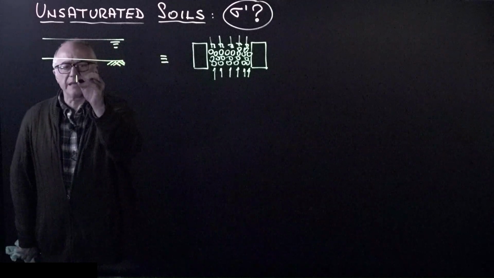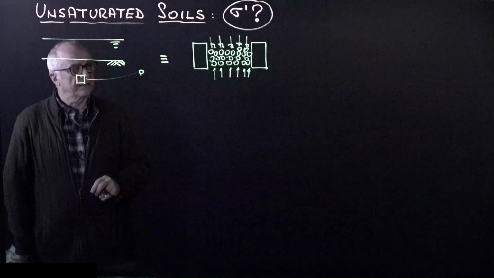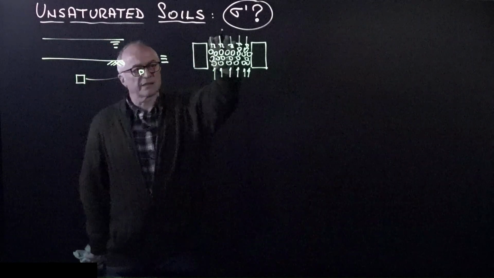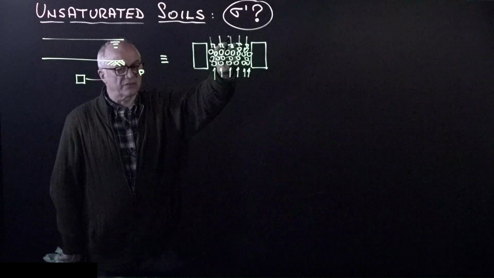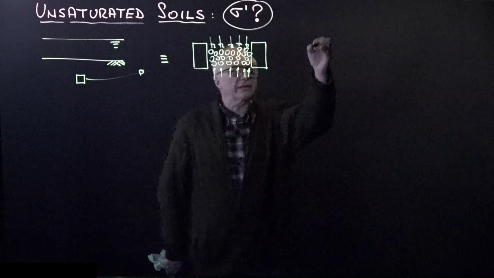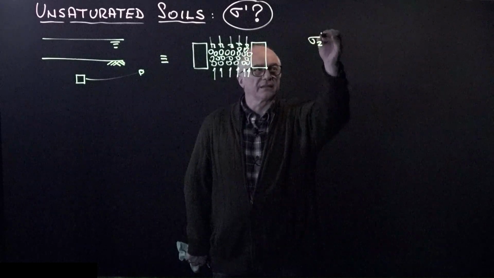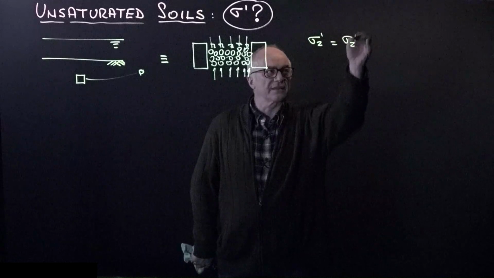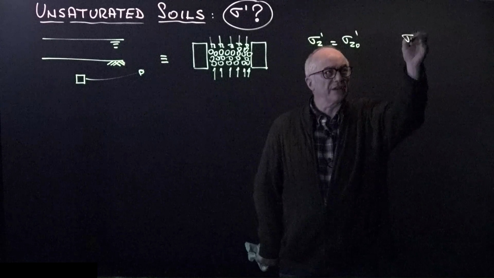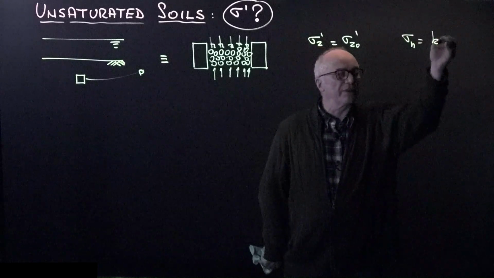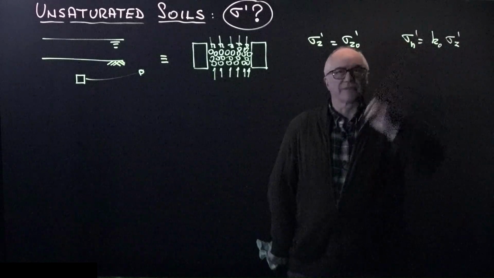If I take a specimen here and I run an oedometer test, then I will start with a certain effective stress, and the system is totally saturated, and we know that there is an initial sigma z equal to the sigma z initial effective, and that the sigma horizontal is going to be some value k naught of sigma z effective.